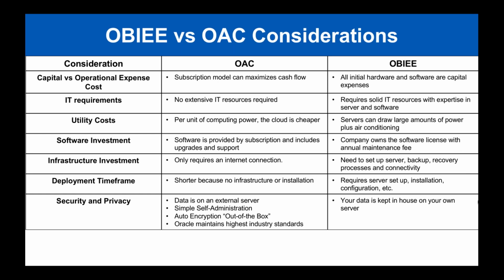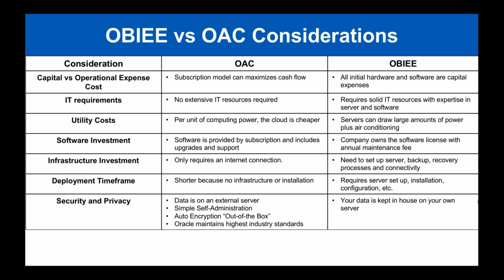Then use OBIA as the place to take all your OBIEE components. So for the business considerations, it's general for cloud versus on-premise, but specifically the two pieces here we're going to look at is OAC and OBIEE. But it would be relevant for any type of move of applications or BI ecosystems to the cloud.